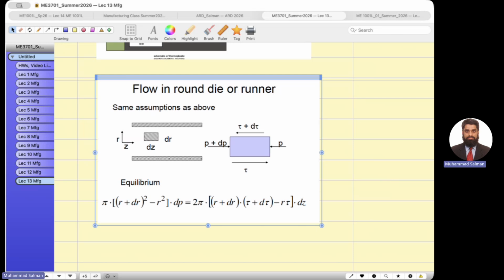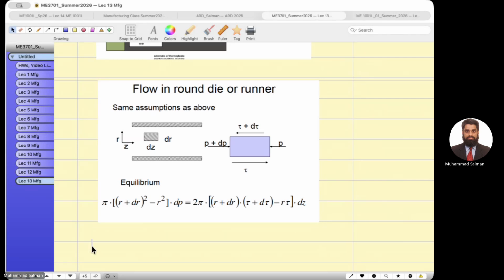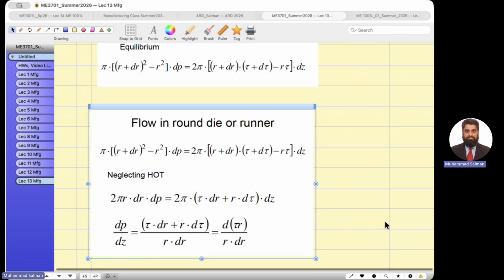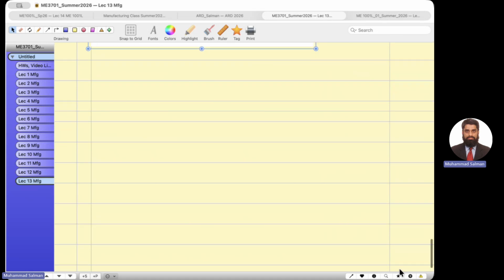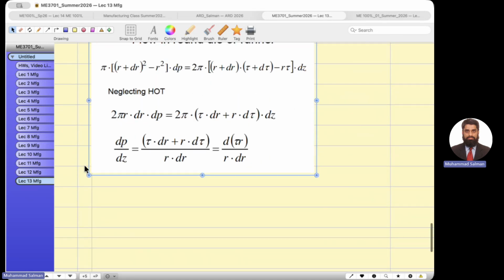Let's come to the final formula, which is more important. This is just the derivation. So if you have a round die, there is a derivation process. So let me show you the final formula here.